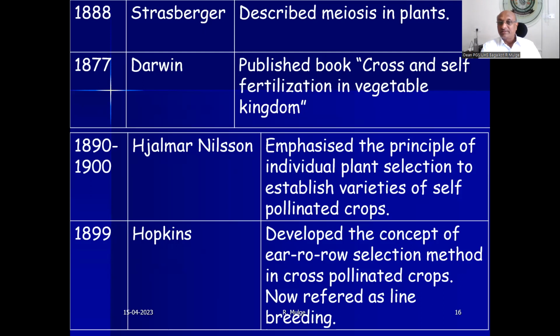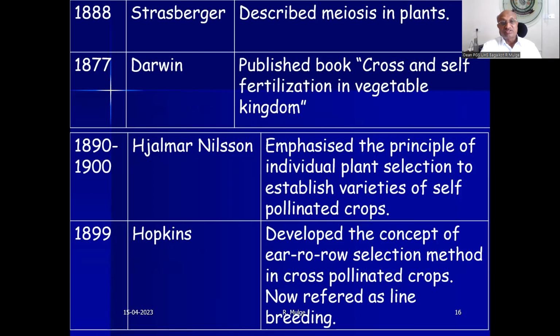Individual plant selection is important to establish the new varieties you want to develop. That is very much required rather than simply bulking. They started thinking that you have to select good plants and carry forward the seeds of only those good plants. That's the message they got.